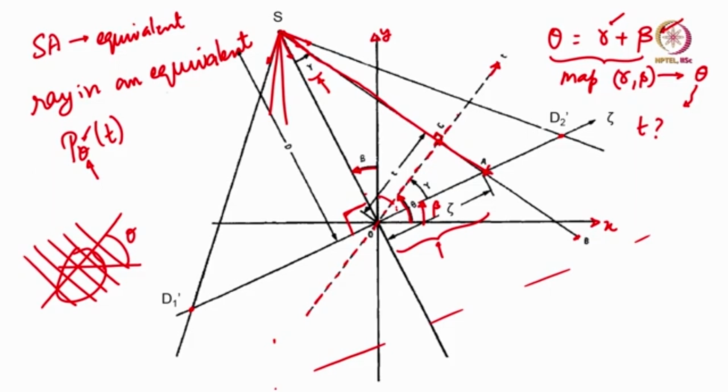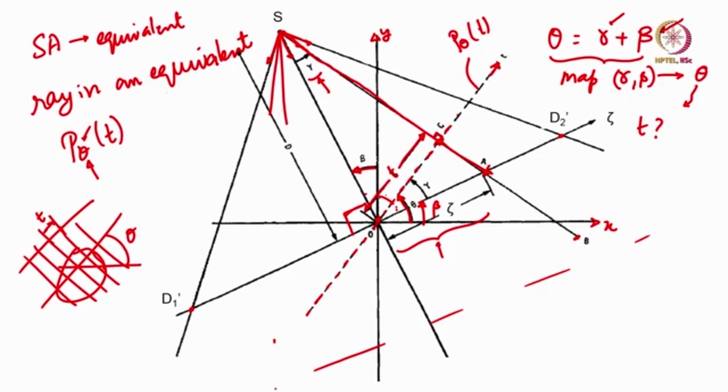You can get that by doing somewhat simple trigonometry, which is basically looking at this angle. So, this is now t, because this is your hypothetical p theta of t plane, the line whatever. So, this is t from the origin till the point at which it intersects the plane, just like we had here, this was t, for this ray this was t. So, now for this ray S A, this is t.